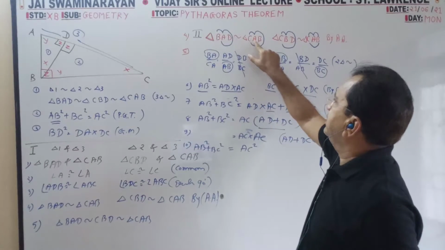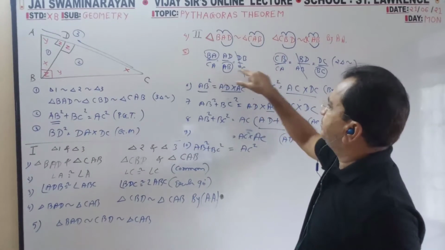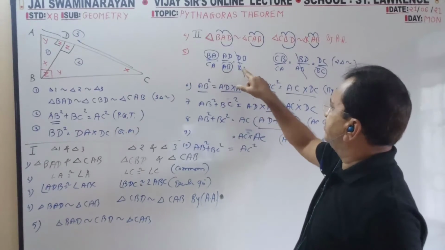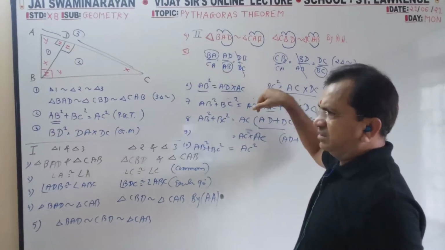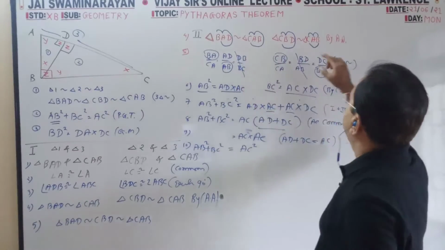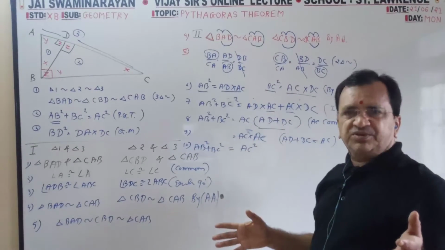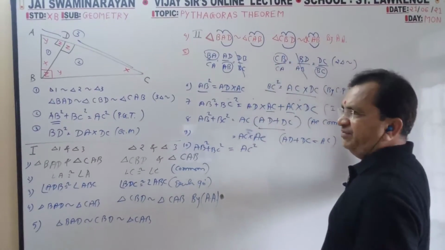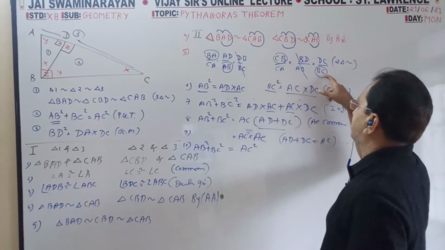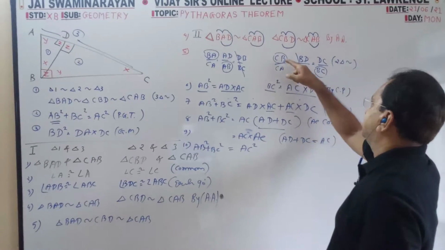Then I want AB square. So AB mark. The third ratio we don't want. Cross product. Which you have to cancel, you will come to know. 3 we have written. Now BC we want. So this I have cancelled. So CB square.